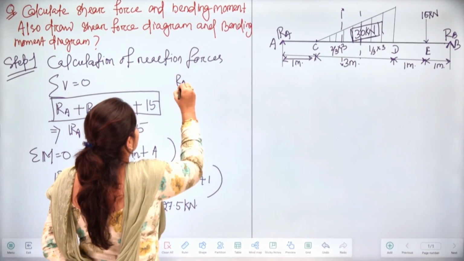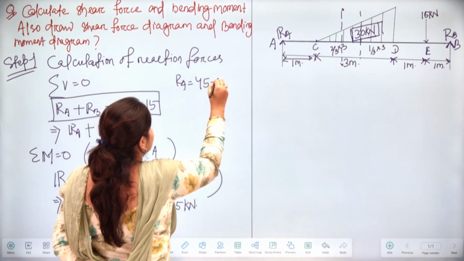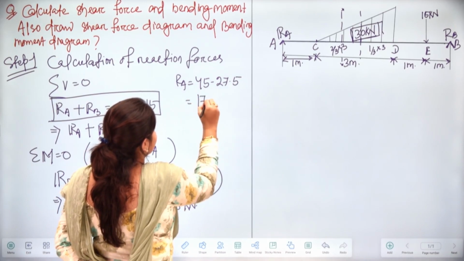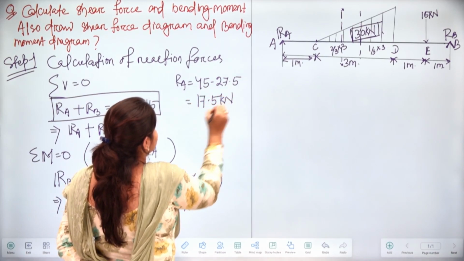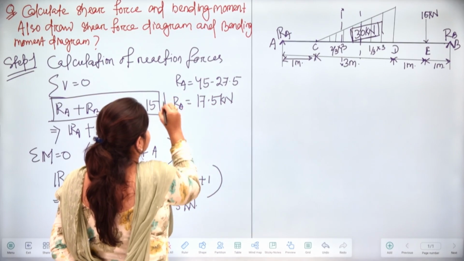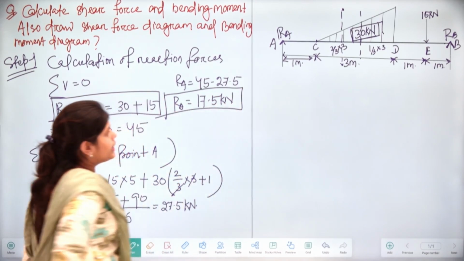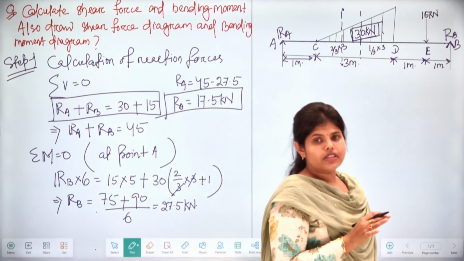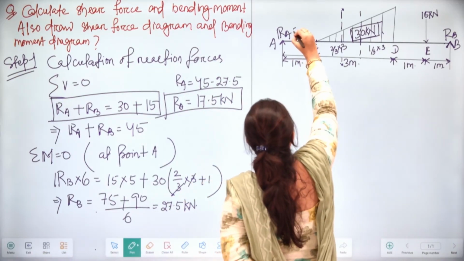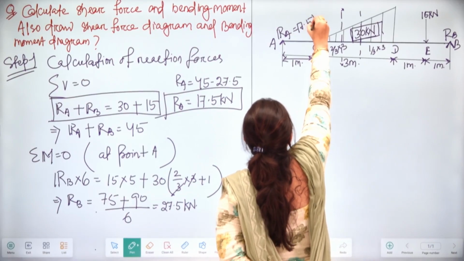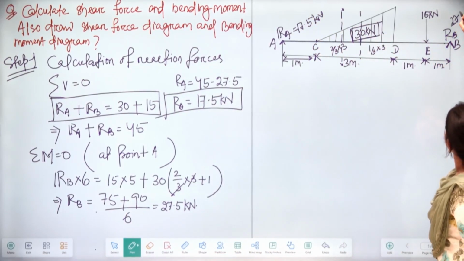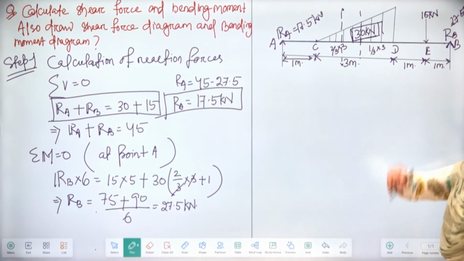So RA will be 45 minus 27.5, so it will be 17.5 kilonewton. So in this whole numerical we have got our reaction forces. Here RA is 17.5 kilonewton and RB is 27.5 kilonewton.